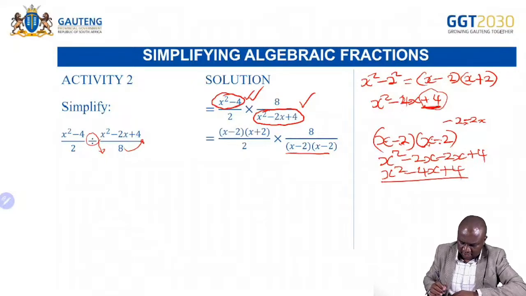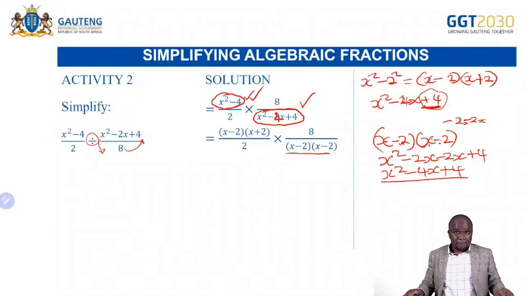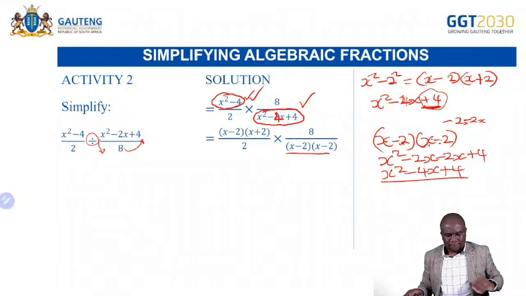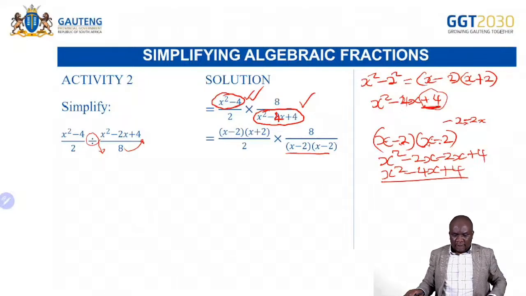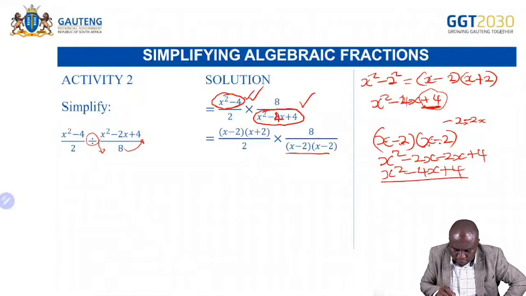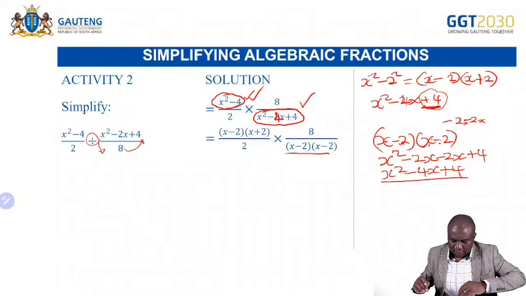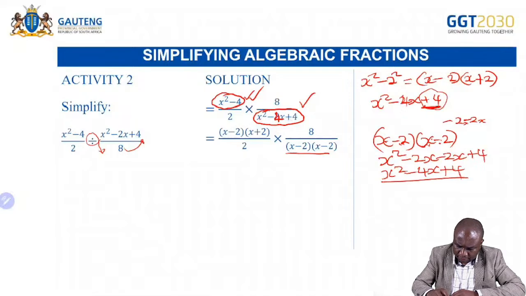So let's change it so that we can continue. Let's make this negative 4x. Sorry for that; I hope it is not going to confuse you. Now, how do we factorize x squared minus 4x plus 4? Let me start afresh.